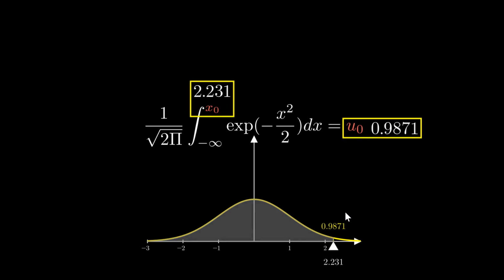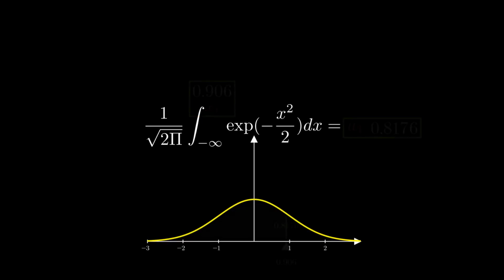So here suppose we simulated this uniform value and we got 0.9871. This inverse cumulative normal function would return 2.231. Let's take another example.